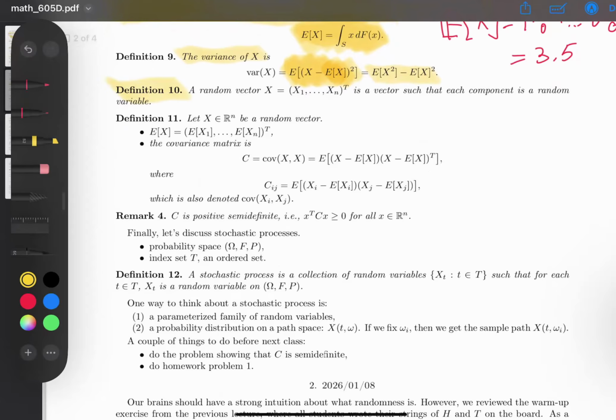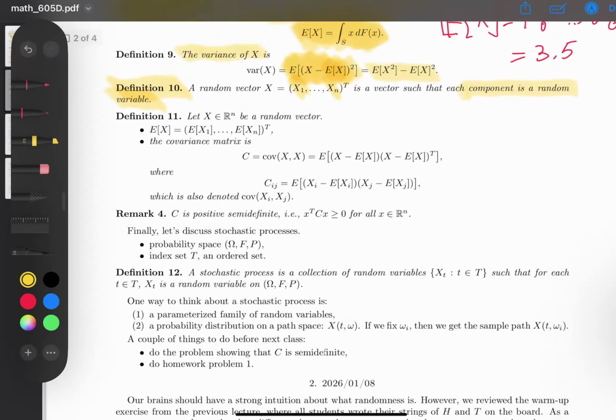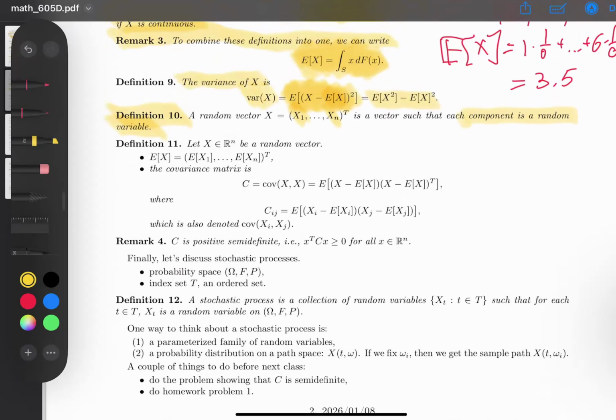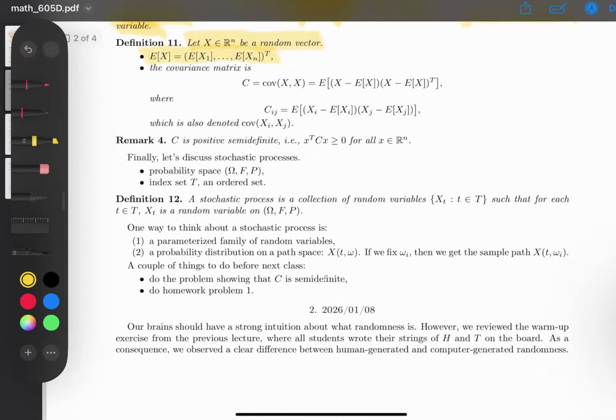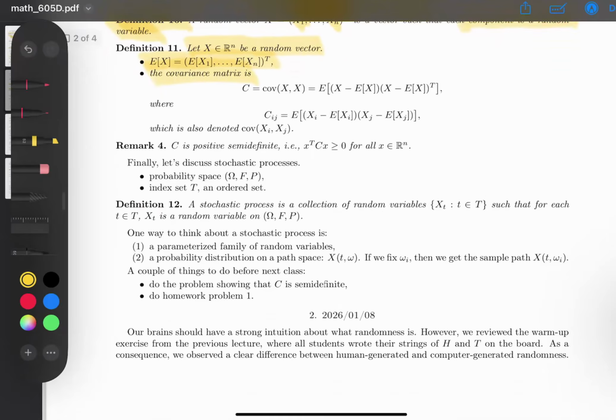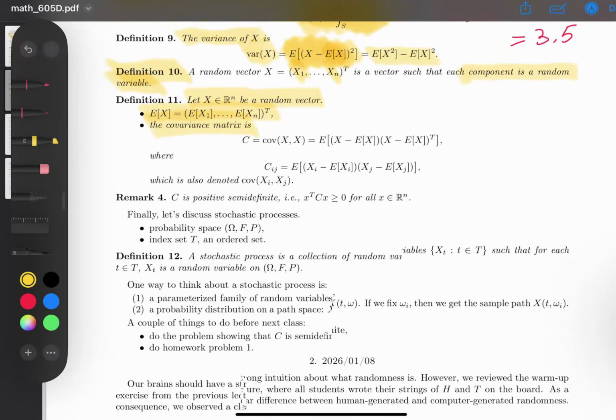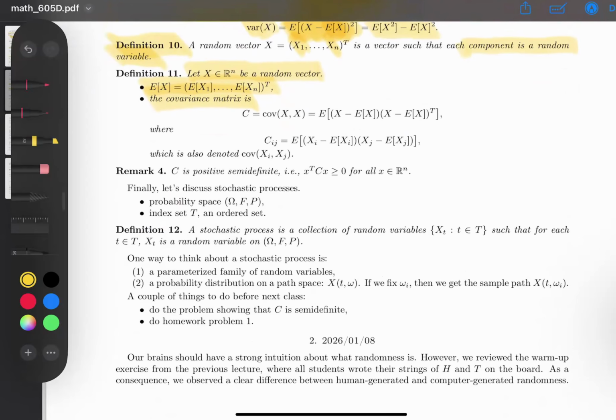Then we define a random vector, which is a vector where each component is a random variable itself. So each of these xi is a random variable. And finally, the big thing here: we defined the variance of one random variable, but here we're going to have a random vector, so each of the components is a random variable. Then we can define the expected value of a random vector as the expected value of each component. And we can define the covariance matrix, which is a generalization of the variance over here, as the matrix of this form.